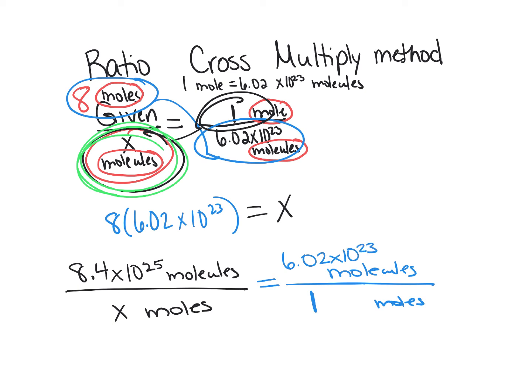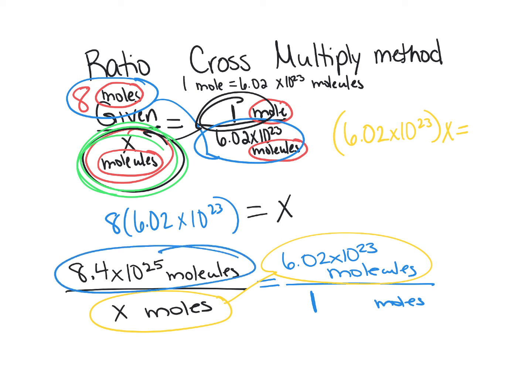So again, to solve for X here, we have to cross multiply. So X times 6.02 times 10 to the 23rd would mean I've got 6.02 times 10 to the 23rd X, and I'm setting that equal to 8.4 times 10 to the 25th times 1.